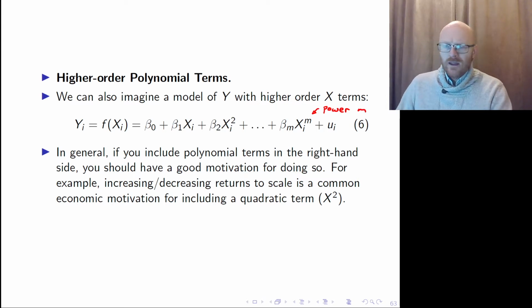And what you have to think about is that if you include these higher order terms, then you should have a very good reason to do so. For example, some models include the temperature to the power of 3 to explain the power prices, the electricity prices.